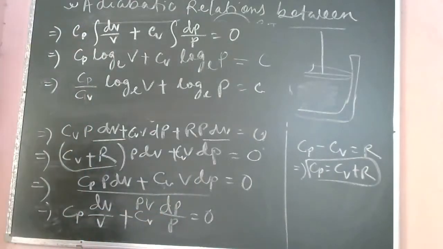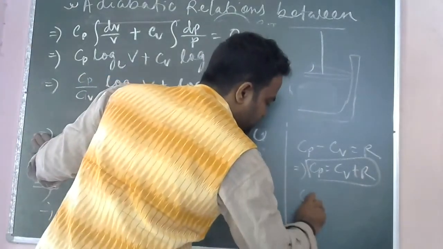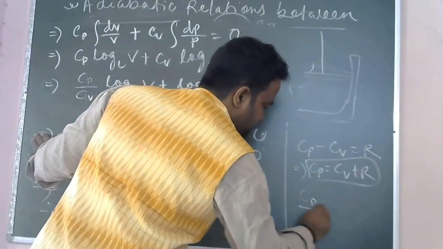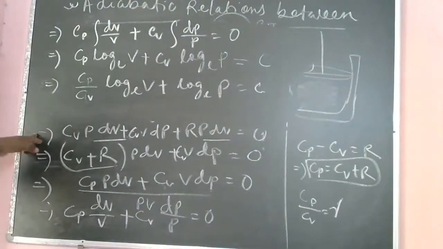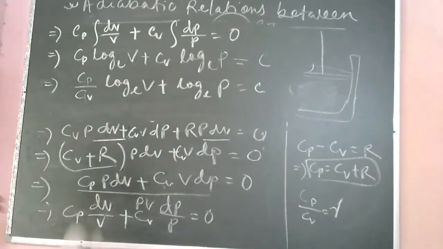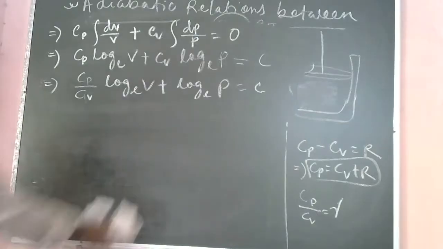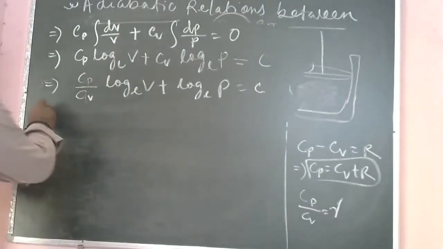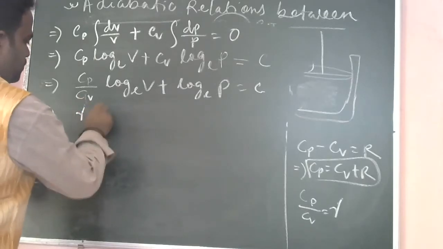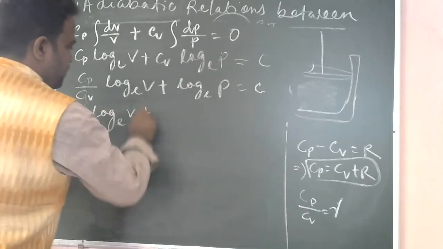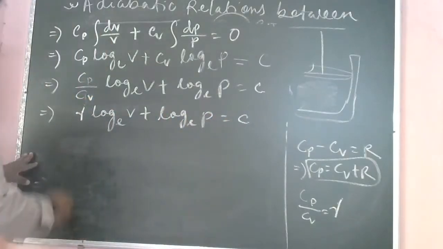You can write this one Cv, and Cp by Cv we know it's a ratio, and we say Cp by Cv is gamma, another constant. So this will be gamma log e V plus log e P equals constant.